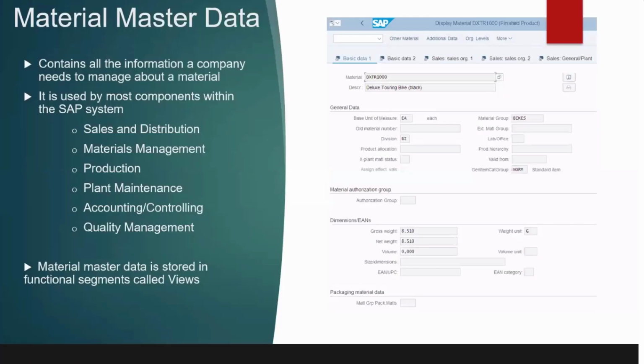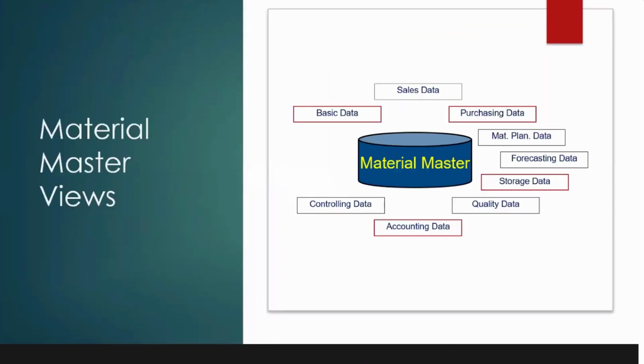Okay, it is how to deal with the material. But as I said, it is different views. As I said, the material can have different views: basic data, sales data, purchasing data, material plan data, forecasting, and so on. So it's always like this.